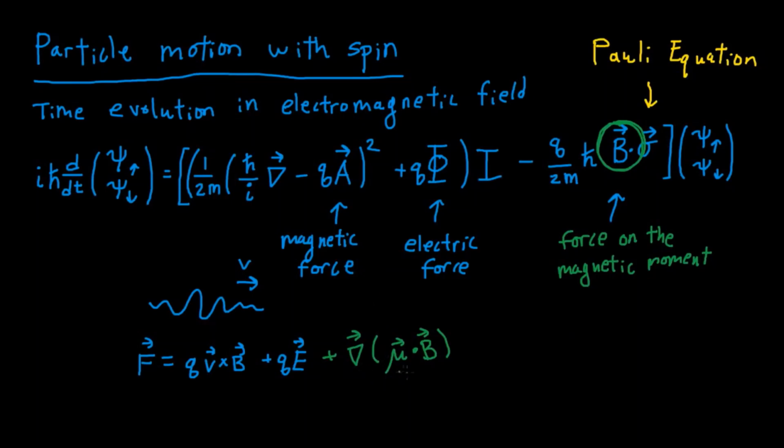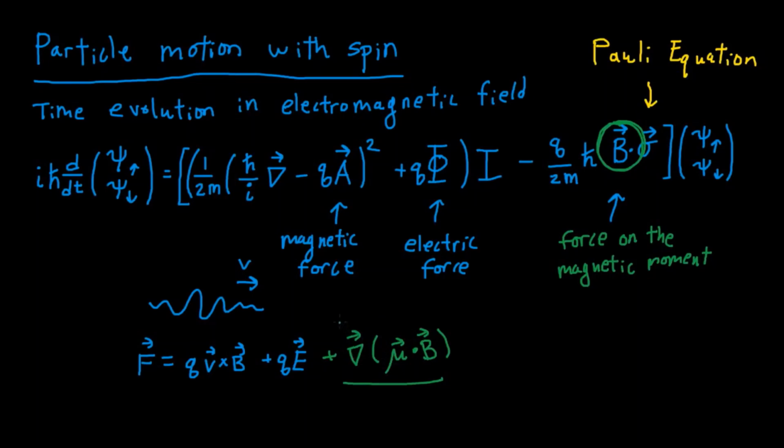See, if B is constant, then this thing right here is also going to be constant, and the nabla of a constant is 0. But a lot of you might not be familiar with this force. I certainly wasn't too familiar with it for a while. I had to say, okay, wait, what's the deal with this force?